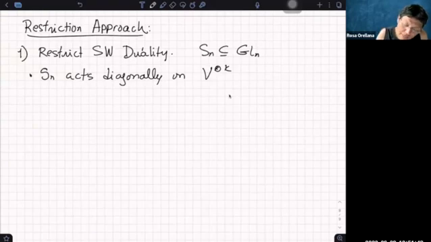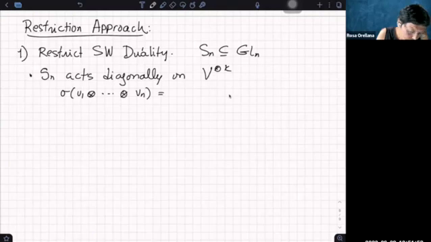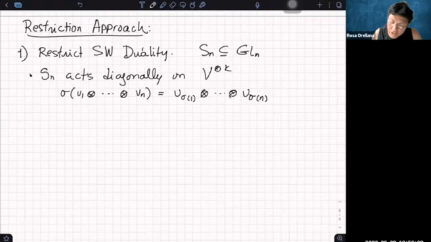So this is a different action: you get V sigma 1 tensor V sigma n, because you're actually multiplying by the permutation matrix.